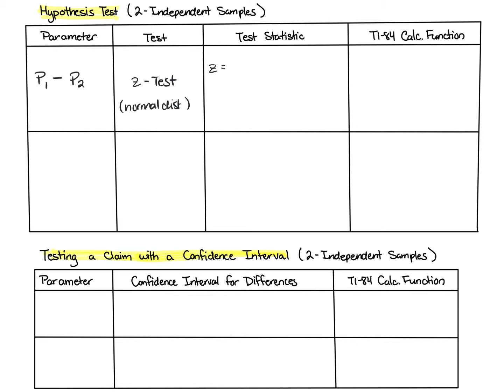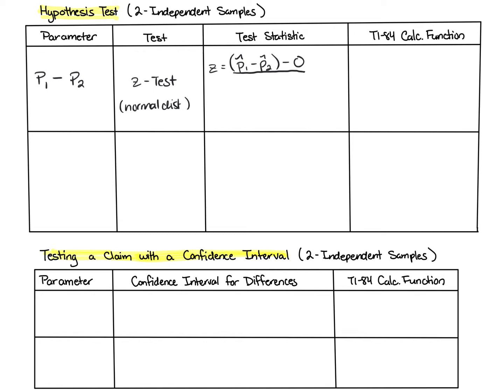The appropriate test statistic then is going to be a z-score. So the formula for calculating the z-score is this ratio where you try to see if the difference between your sample proportions is large enough. So this means that we need some sample data that involves your p hat, your sample proportion for your first sample, and your p hat for your second sample. We're going to calculate the difference and see how far away it is from the null hypothesis value.